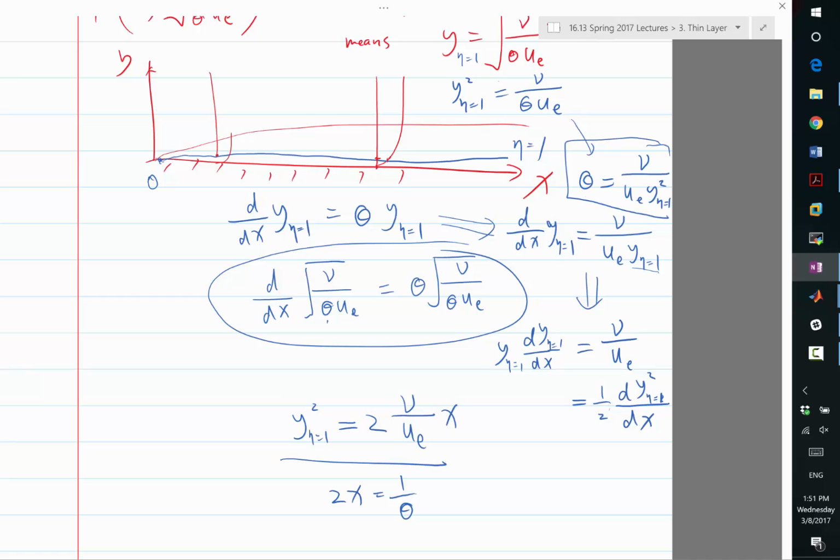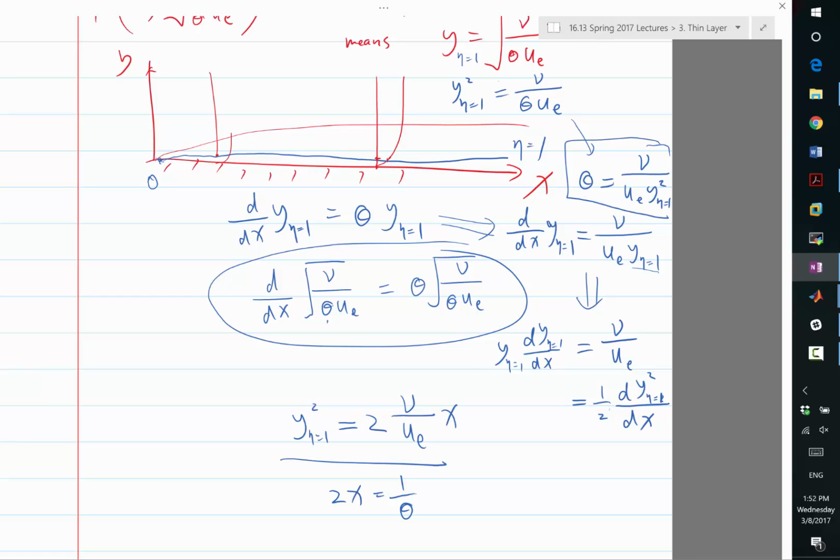So he looks at the macro growth of the boundary layer first, and then he derives the fact that the boundary layer has to grow in a square root way first, right? For the Blasius equation, and for the Falkner-Skan equation, it grows to a polynomial order. And then he goes into assuming, now I know that it has to grow like that, I put it in the equation to derive the similarity solution.